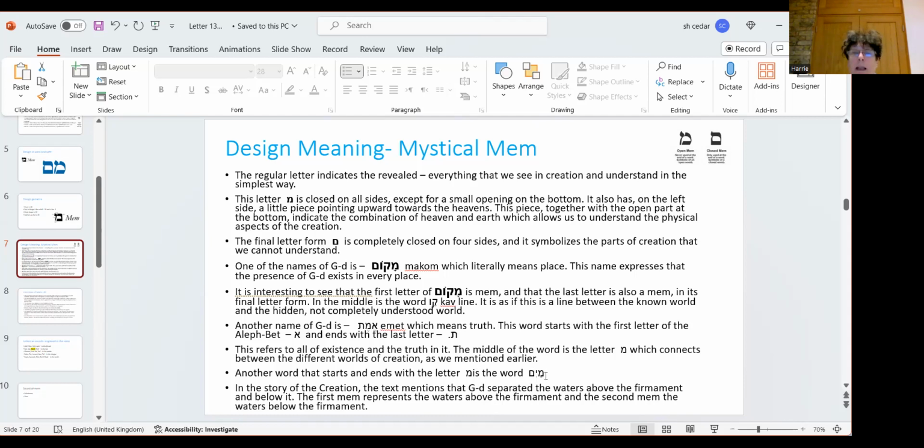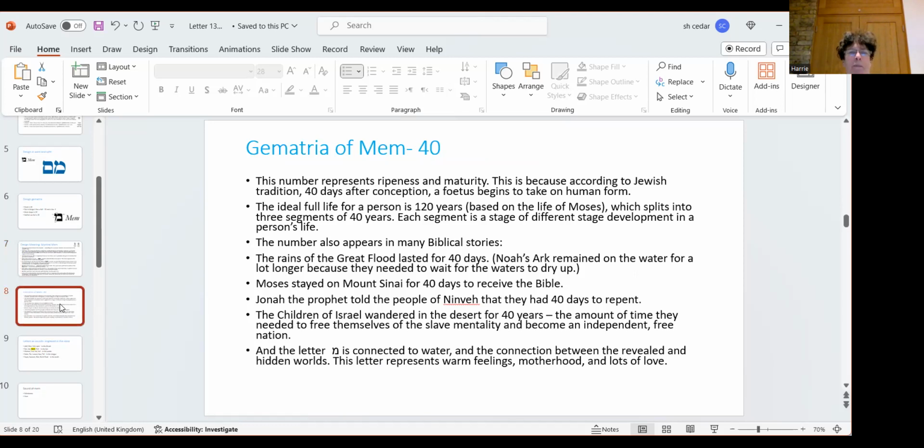And so this first mem is like the waters below, sorry, and this final one, the waters above. So there's this idea that these two mems, these two waters, are separated by the letters that are used. So that's just a little bit of ideas of the shape of mem and other meanings of it, of this openness and this closeness.